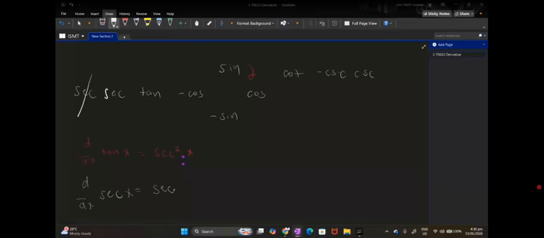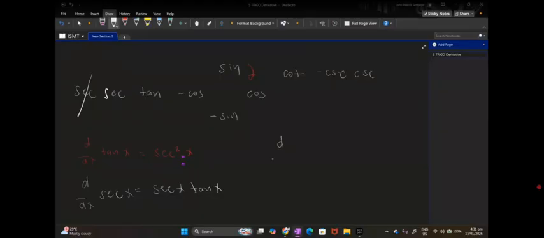It's gonna be secant. Now, let's say we want to get the derivative here sa taas. Ano derivative ng cotangent?